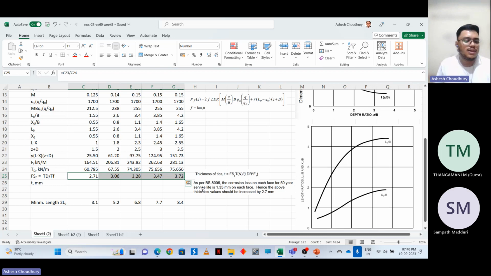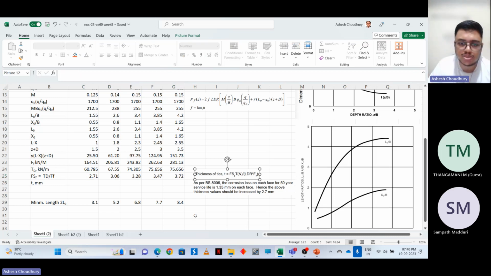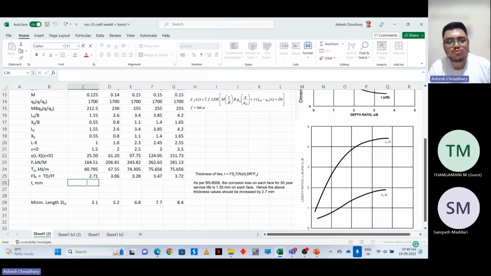Done. Right. Now next is the thickness. How much thickness of the ties? Tie thickness means these are thin plate-like structures, right? So how much should the thickness of this tie be? We have to use this equation here. So FSY is given in the question as 2.5, I guess so.